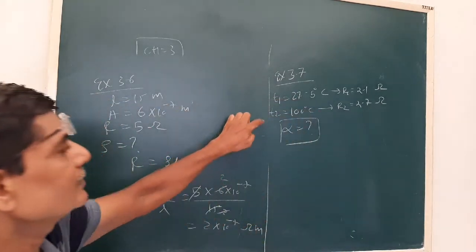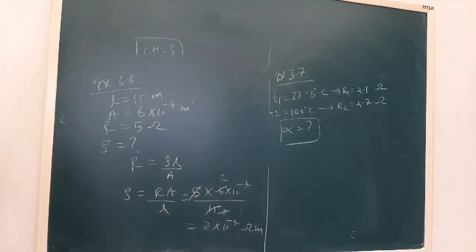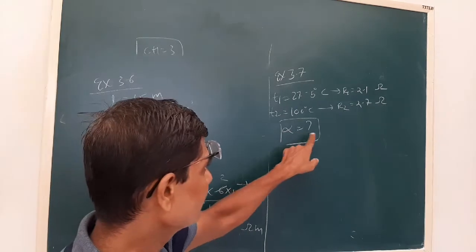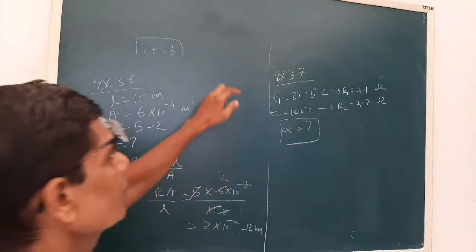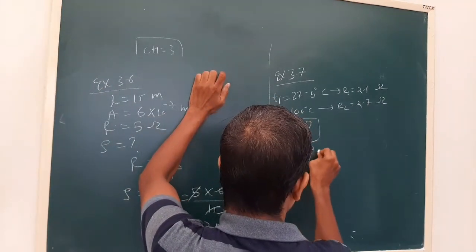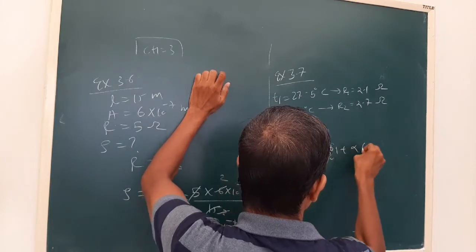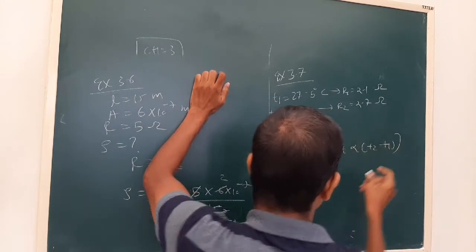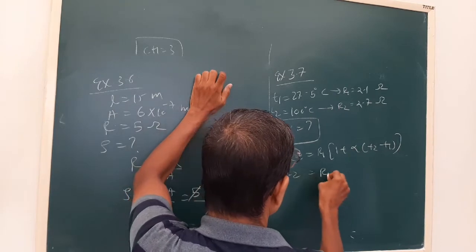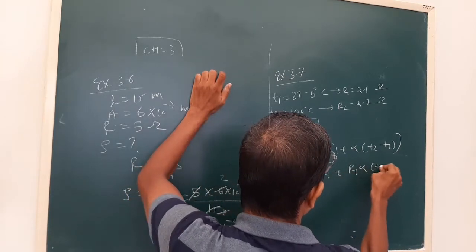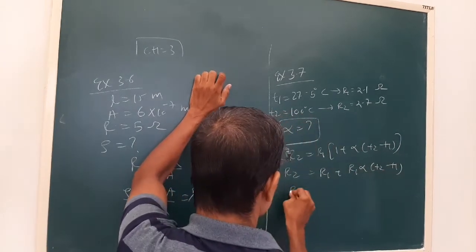See here the values are given in degrees Celsius. So the unit of alpha will be degrees Celsius inverse. Now we use the formula R2 is R1 into 1 plus alpha into T2 minus T1. Now we can simplify. So R2 minus R1.